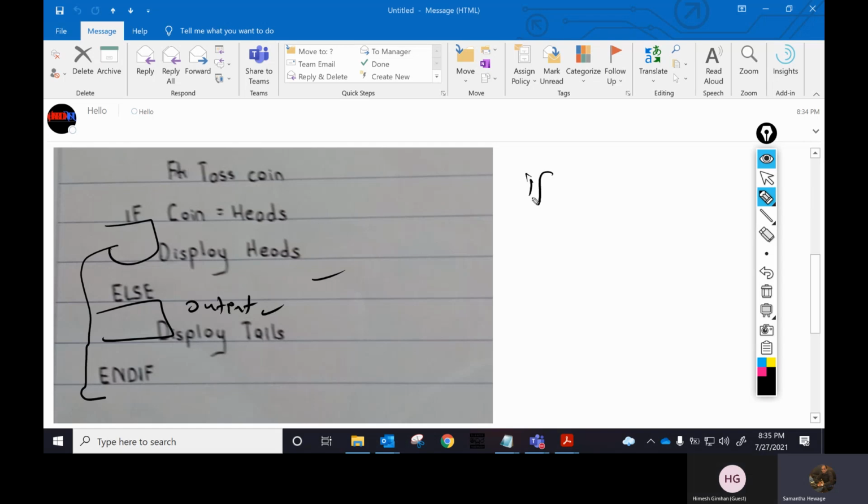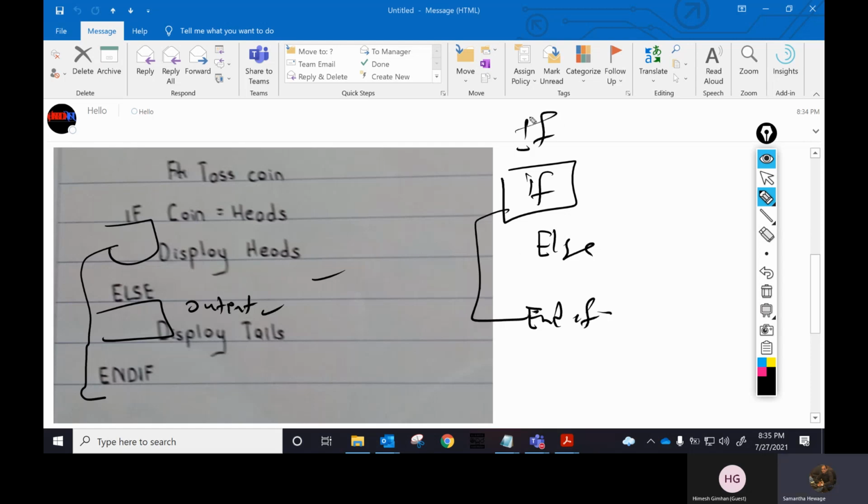If you start from one if, it ends with one end if. If you have another if on top, then again it finishes before this end if. That's how it works. Don't worry, I will teach those things today itself.